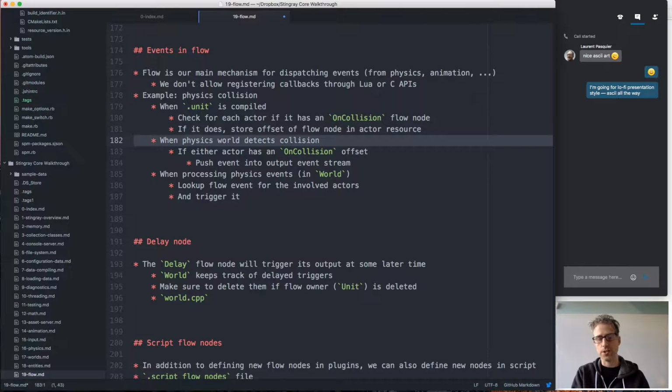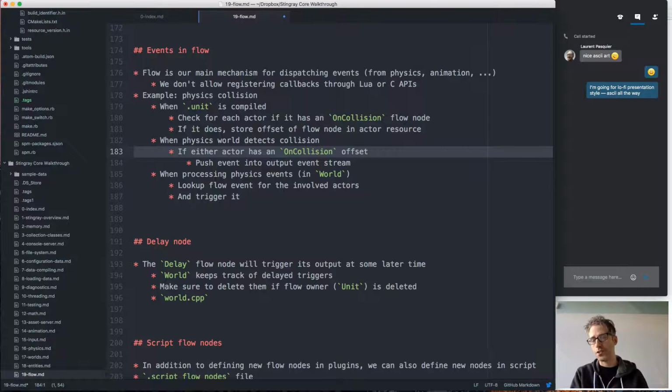Then in the physics world, we have a general callback for processing collisions. When we get a callback that a collision has occurred, we check the involved actors in the collision. We check if any of them has an offset set for an on-collision event. If not, we drop the event right then and there, because there is no more processing to be done for that event.